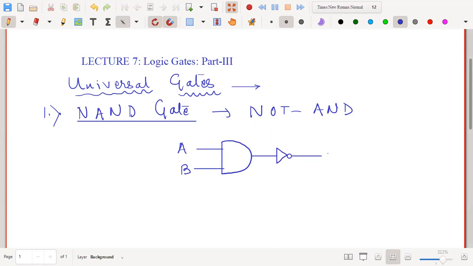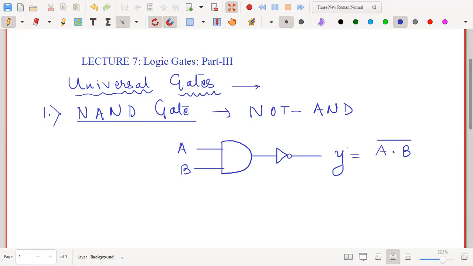Whatever output you get, Y, the AND would give you A and B, and this NOT would give you the overall NOT. So my output would be A and B, the whole complement. This is the Boolean expression for the output Y.